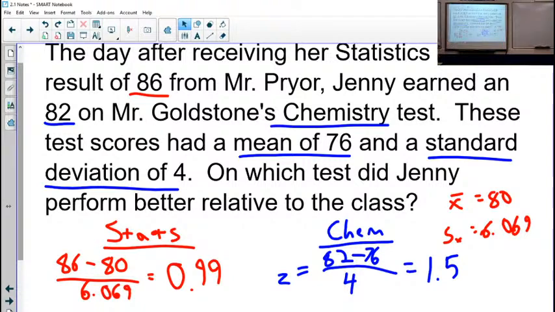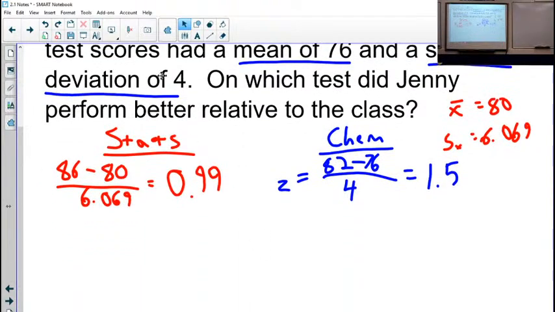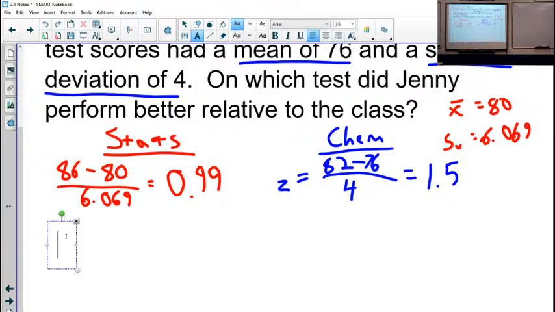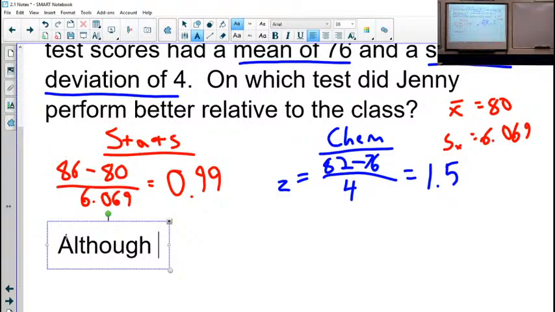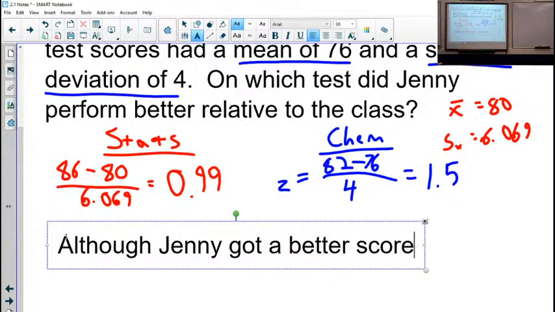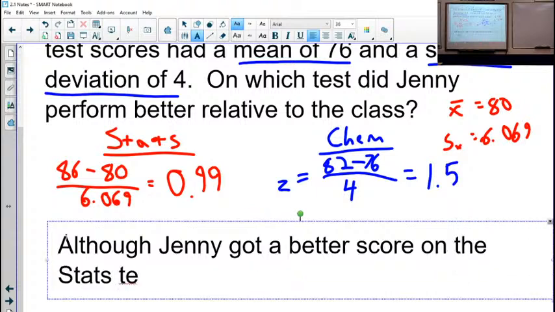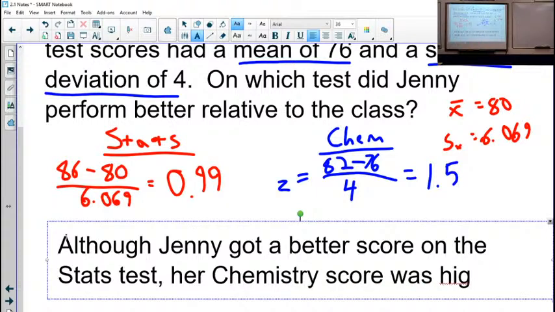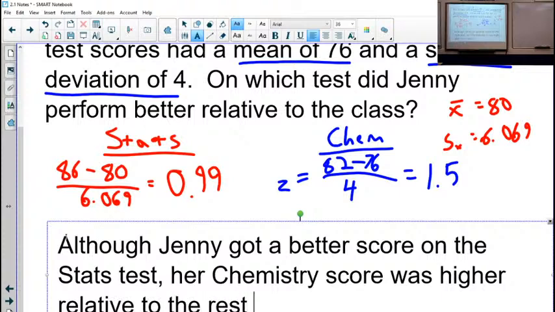So if we wanted to write a sentence to talk about this, we could say, although Jenny got a better score on the stats test, her chemistry score, let's capitalize chemistry score, was higher relative to the rest of the class.